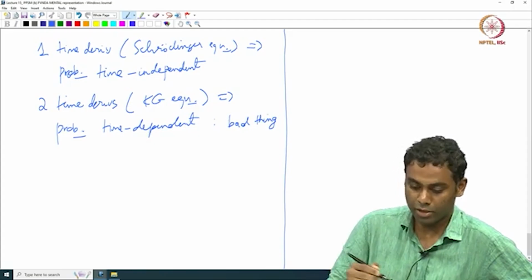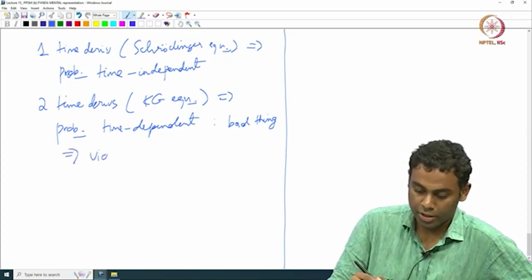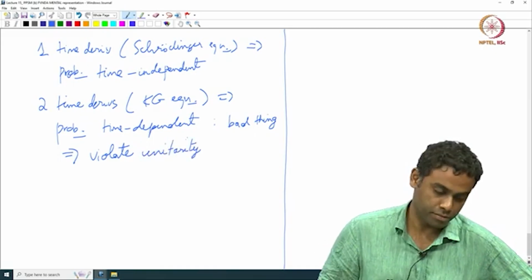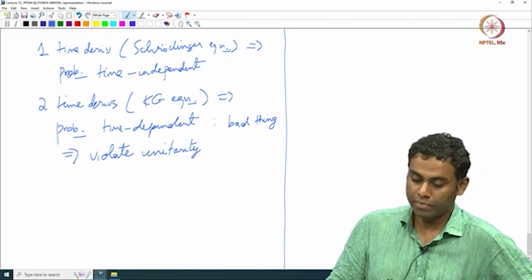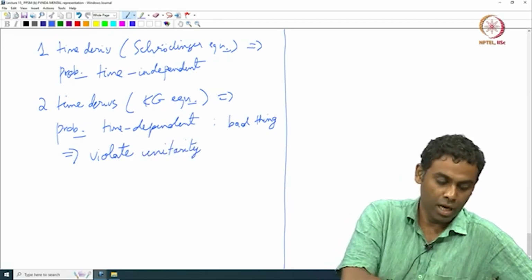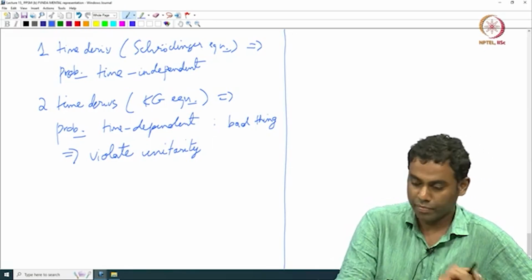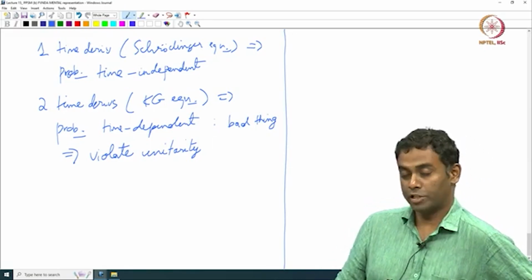Agreed? In other words, there is a very good chance that this would violate unitarity. Agreed? So, that is the problem with the Klein-Gordon equation written in this fashion.